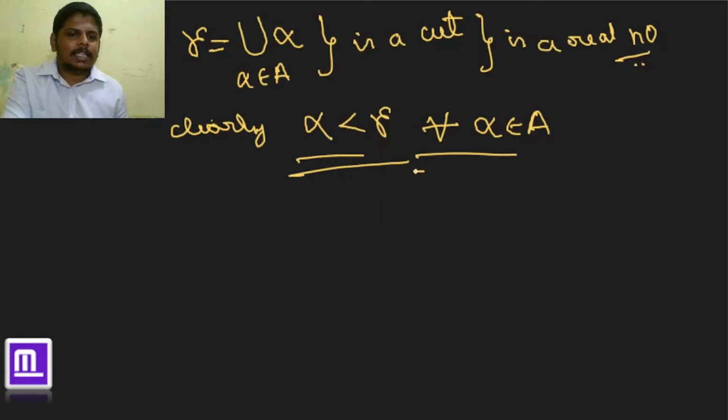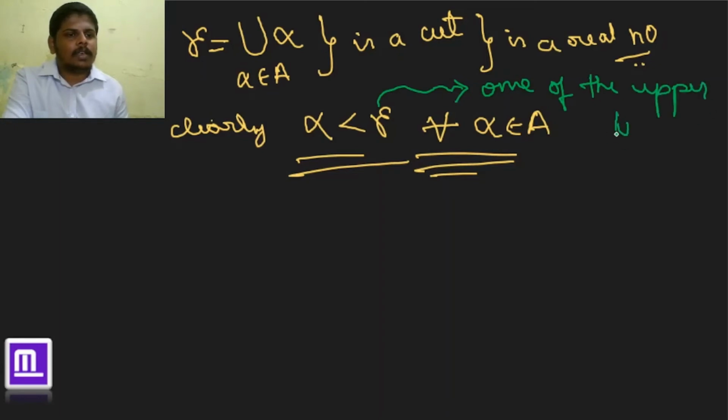This statement says that our gamma is one of the upper bounds. Fine. So this is one of the upper bounds.